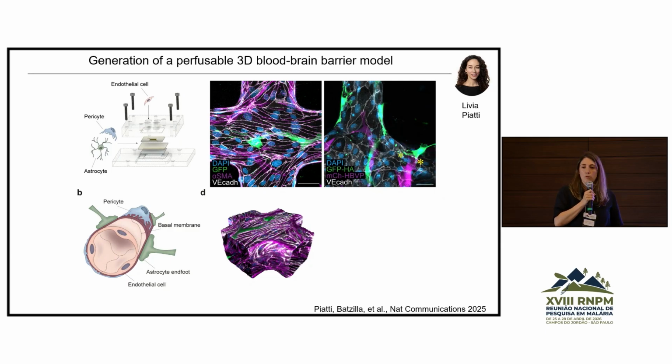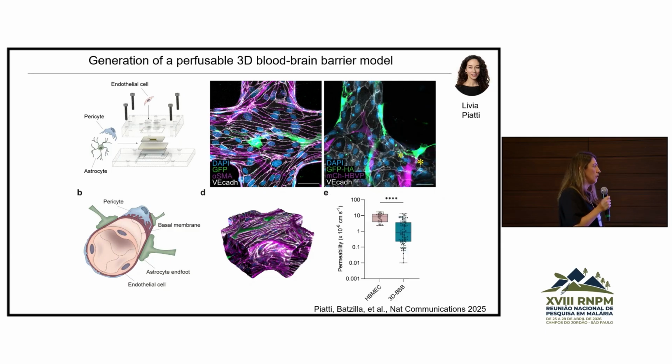And more important, when we put these three cell types together, we have a much better barrier in our microvessel models. So this is a permeability assay in which we put a fluorescent tracer with very, very low molecular weight. And you can see that when we add these three cell types together here, our vessels become much, much more impermeable.